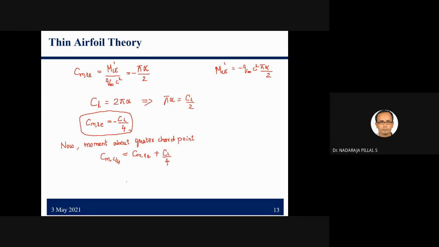So what we infer here is coefficient of moment about the leading edge is minus CL by 4. So when it becomes minus CL by 4, we can write that the coefficient of moment at the quarter chord point is 0. Right?